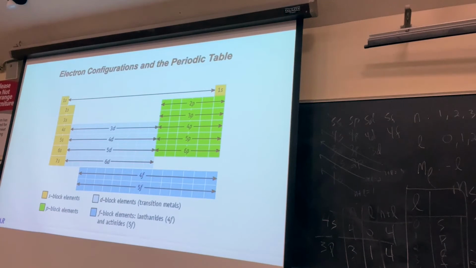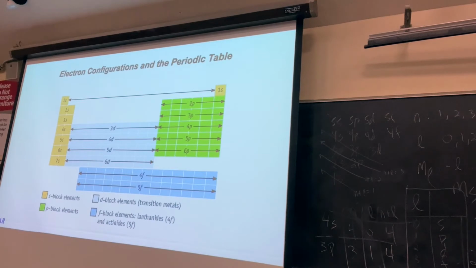So hydrogen and helium, if we put helium right there, would be 1s subshells. Lithium and beryllium, we're going to see 2s. And sodium, magnesium, 3s, 4s, 5s, etc. You can literally use this number to figure out what the number is that goes in front of the s.